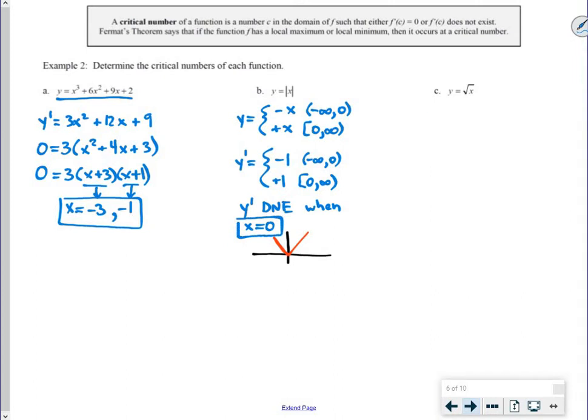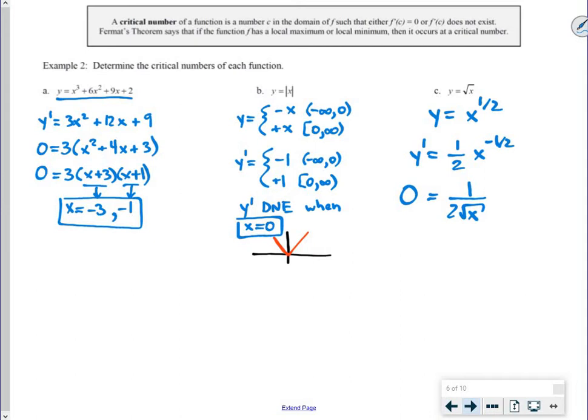Okay, last one. You may find it helpful to write it like that. So that's y. The derivative then will be 1/2 x to the -1/2, or if you prefer, 1/2 root x. It'll be interesting for us when the derivative is 0.